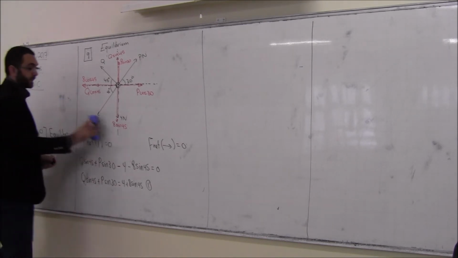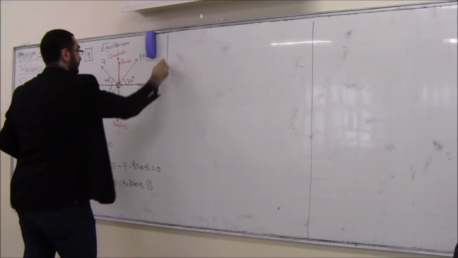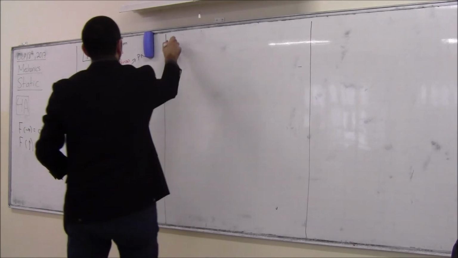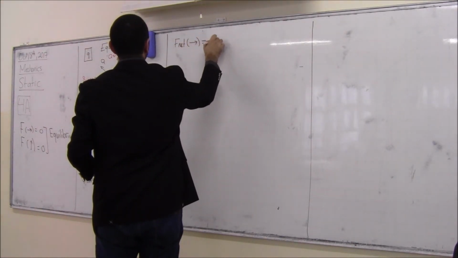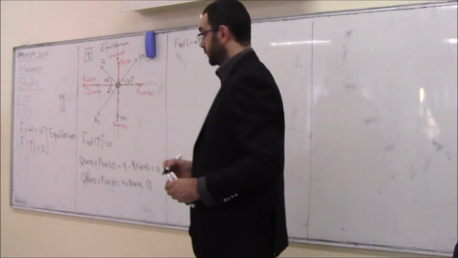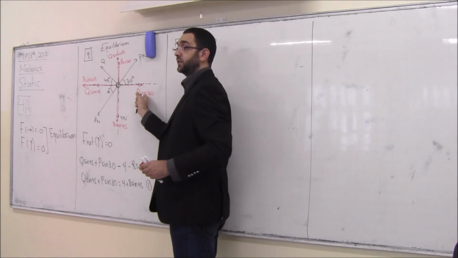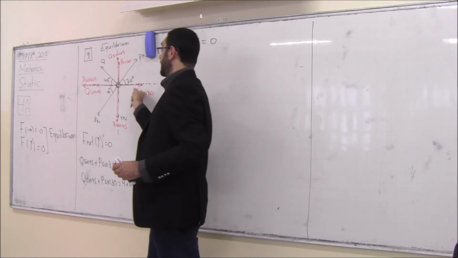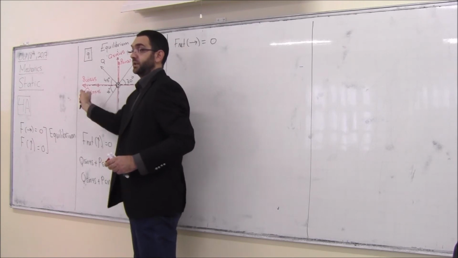Okay, fine? Let's do this here. F net along the horizontal axis equals 0. What do we have along the horizontal? P cosine 30 minus 8 cosine 45 minus Q cosine 45.